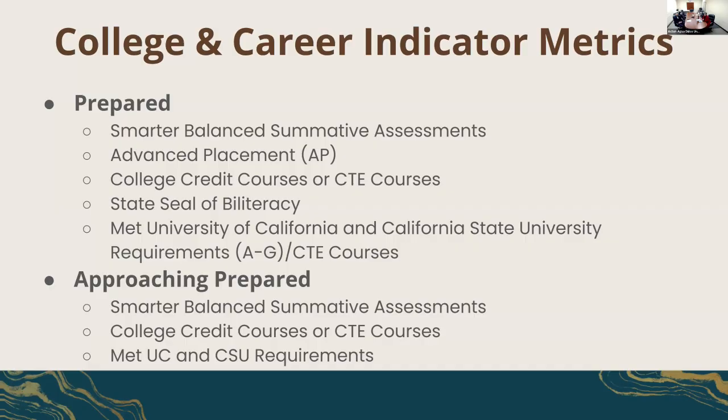And then the state seal of biliteracy, and then having met the University of California and California State University requirements, the A through G requirements, as well as the CTE. So there's several ways to make that prepared metric. And for students approaching prepared, which was the second part of the previous slide on the bar chart, it's the same metrics, there's just only 3 of them as opposed to the 5.